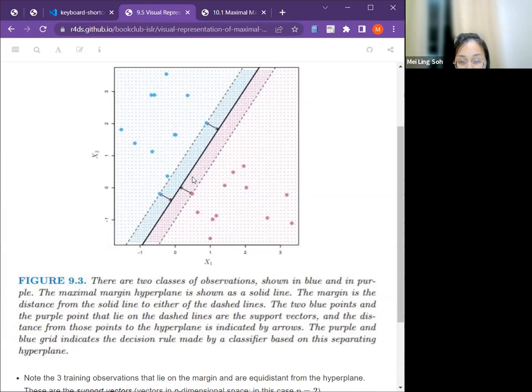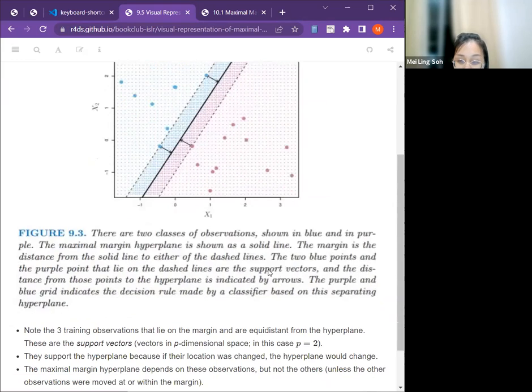Then on the line of the margin, the furthest away within the margin, you have 2 blue dots and 1 purple dot. These 2 blue dots and this purple dot are known as support vectors.